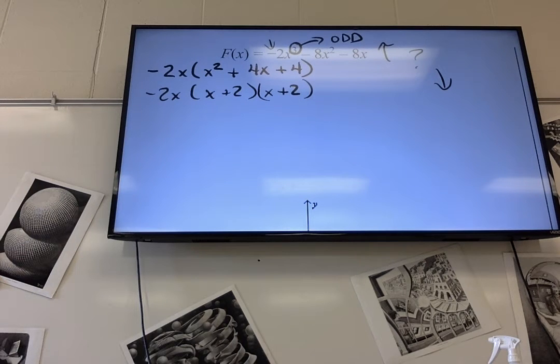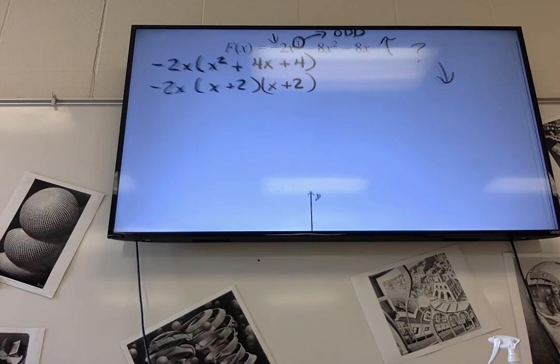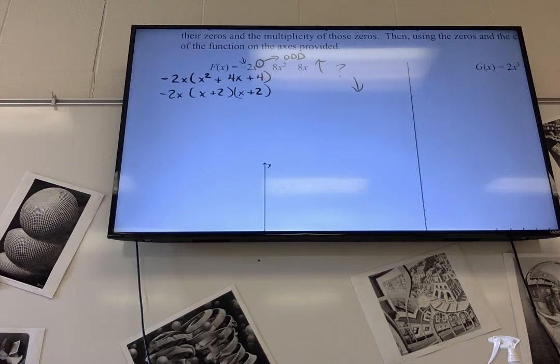Those are good things to know. And what are our zeros? Zeros are -2 and 0. You set each one of those equal to 0. x plus 2 equals 0, you'd solve that, it'd give you -2. -2x equals 0, you'd solve that, it would give you 0.